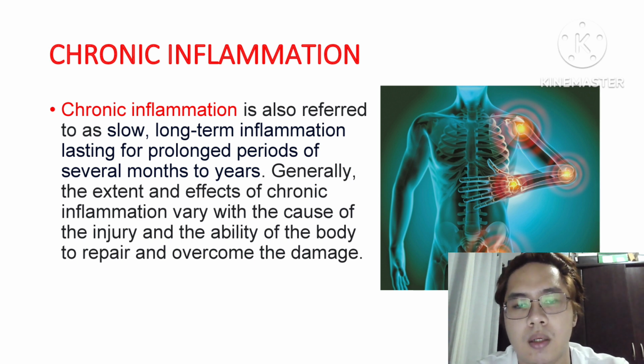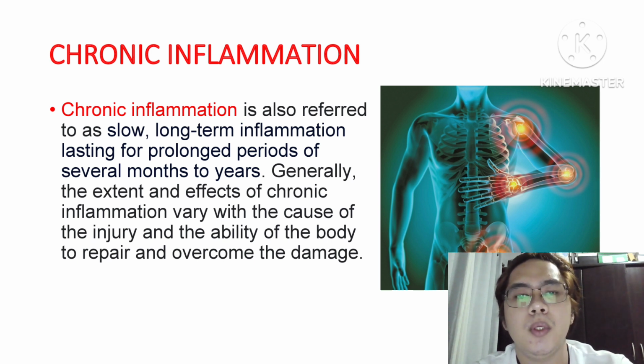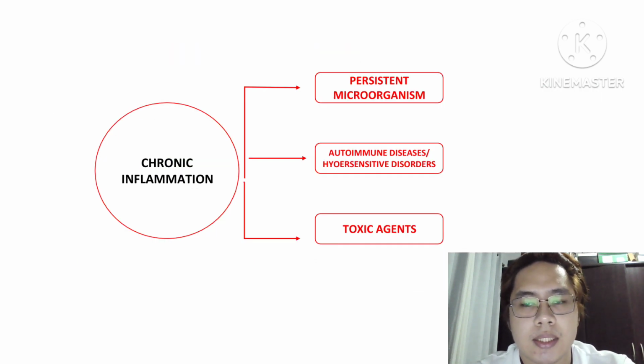It still depends on what kind of injury you have and on the ability of the body's immunity to repair or overcome the damage. Chronic inflammation is caused by persistent microorganisms, autoimmune diseases, hypersensitivity disorders, and toxic agents too.